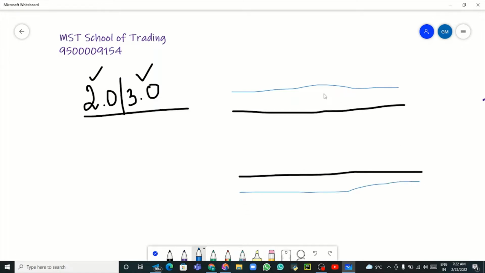And this line we call supply, and this will have demand for the price action trader.